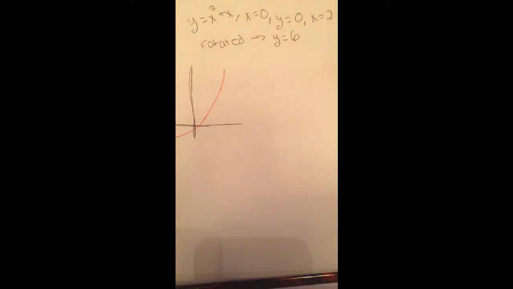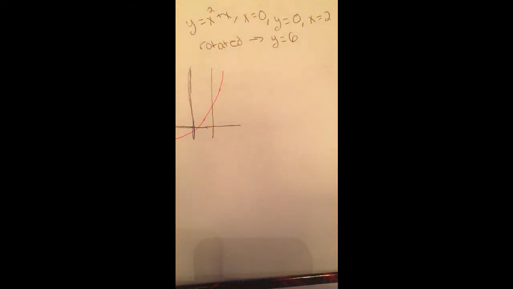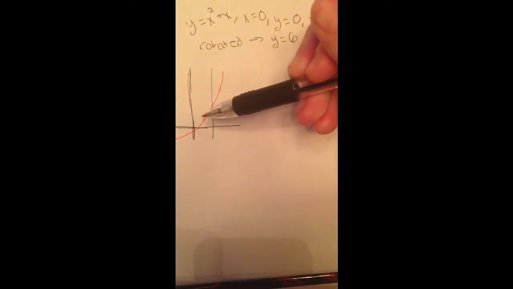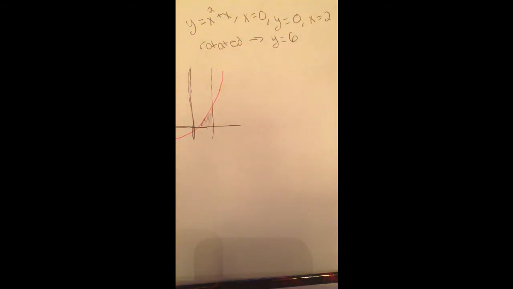And y equals 0 is the x-axis, and that's one of our borders for the solid, and x equals 2 is going to be right around here. So there's going to be another one of our borders for the solid. Okay, so this right here is going to be the region that's rotated. Right there, okay. And it's going to be rotated about the line y equals 6, which we know is a horizontal line.